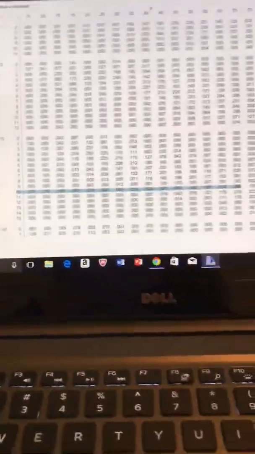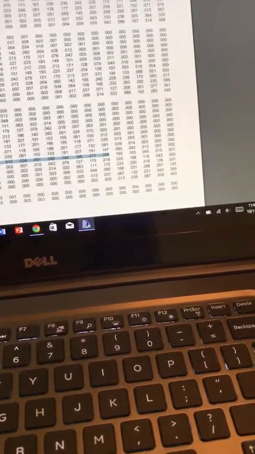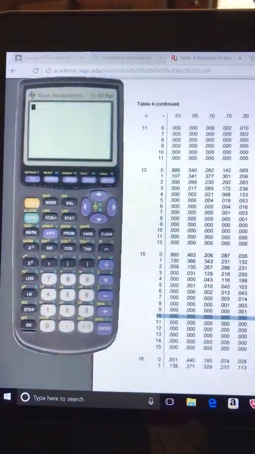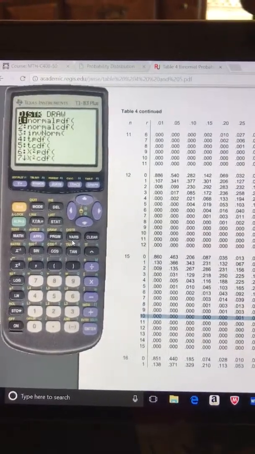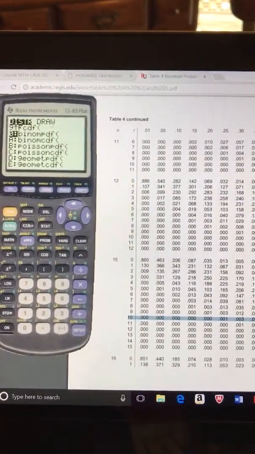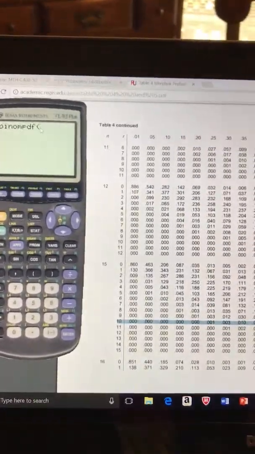To do that on the calculator, if you look at the calculator notes, if you have an equal to, you're going to go to second vars and choose binom PDF. So we go to second vars, scroll up or down, whichever way, choose binom PDF, and then you always type it in this order.